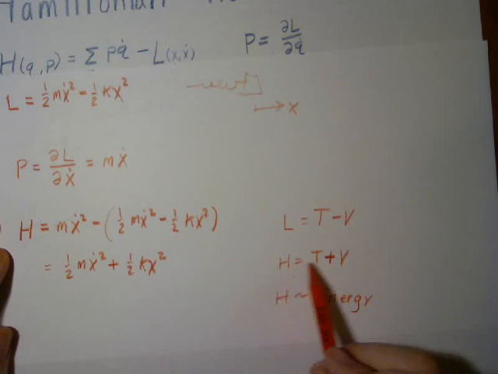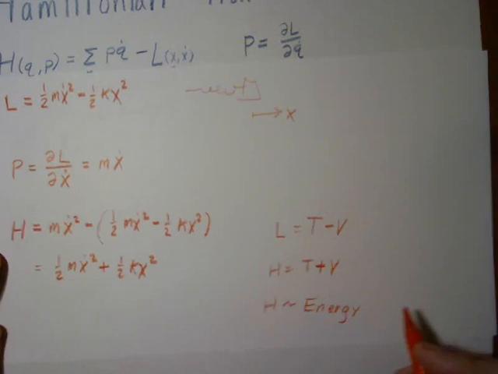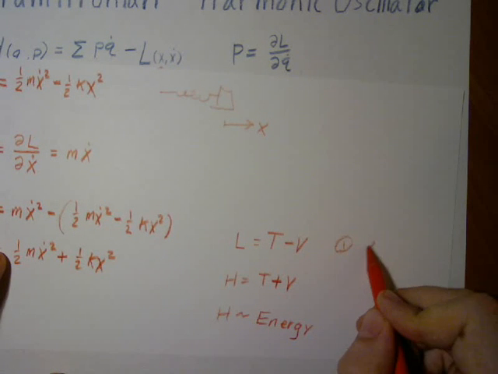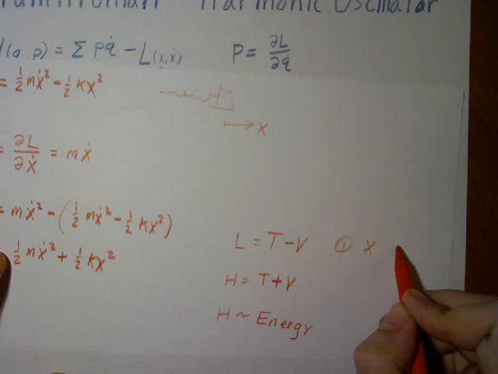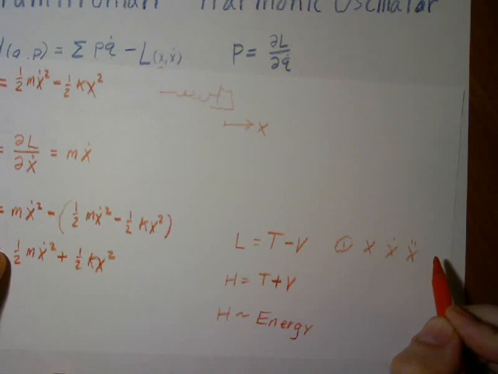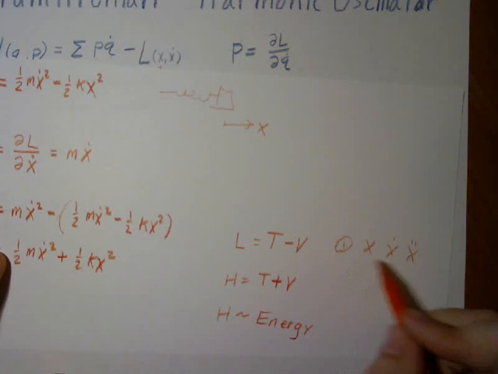We can make this shortcut on two conditions. One, there are no terms that mix x, x dot, x double dot, and so on, for any of our generalized coordinates.